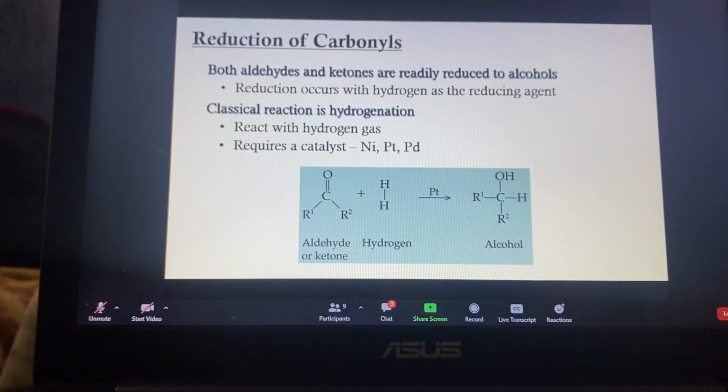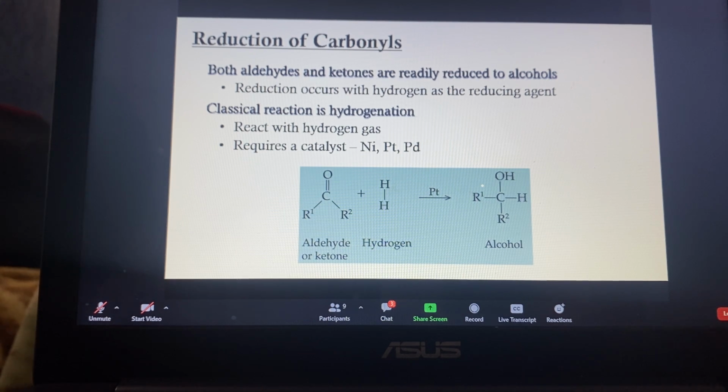Okay, so are you guys comfortable with adding small molecules across a double bond? Don't worry, I'm not going to get very far today. We will spend most of our time on Wednesday talking about this, but I want to make a small introduction.